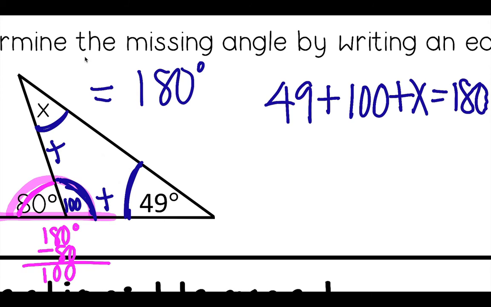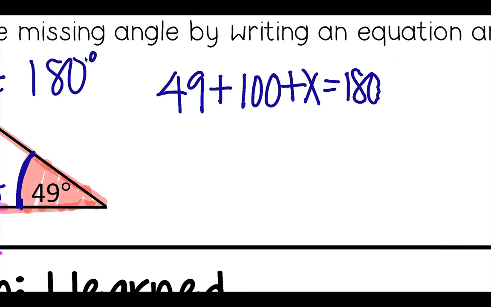Notice I didn't touch the 80. The 80 is not part of my triangle. The triangle angle theorem says the angles in a triangle. Here's my triangle I'm highlighting in red. So I only care about the angles inside the triangle. The other one, 80, is outside the triangle. It doesn't belong, so I can't deal with that.